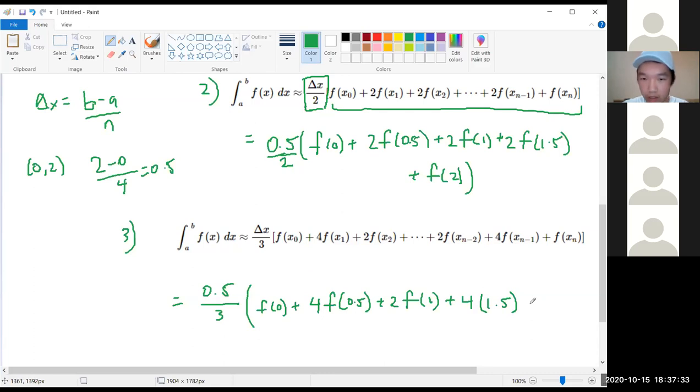And then this is the last term, so it goes back to a coefficient of 1, plus f of 2. Okay, so there's Simpson's rule.